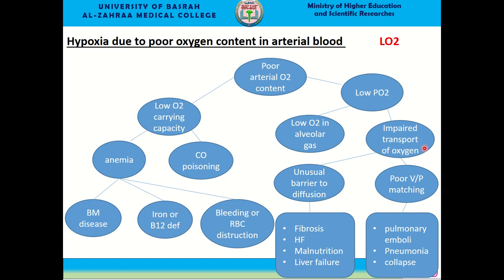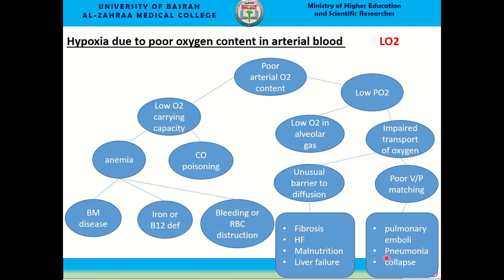And here we have two major categories. Either it is due to poor ventilation perfusion matching, or what is called ventilation perfusion mismatch. And this is due to either pulmonary emboli, so there are emboli or thrombi occluding the pulmonary arteries, or it's due to pneumonia.